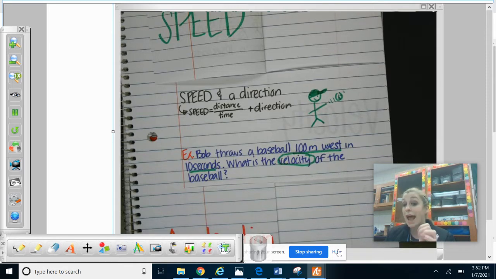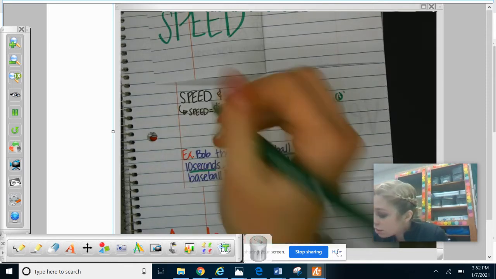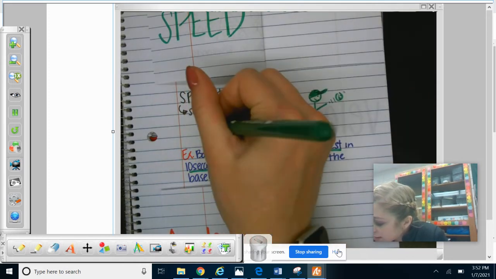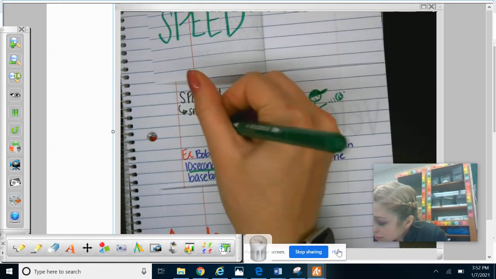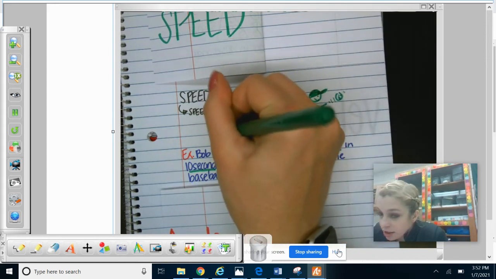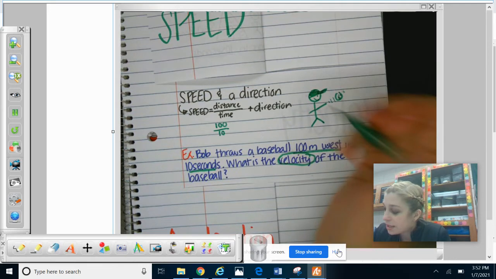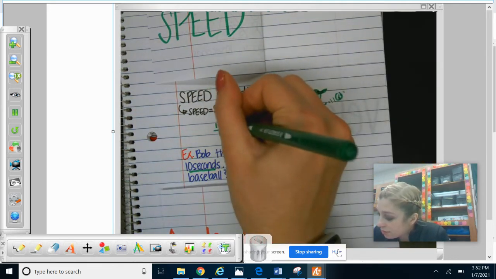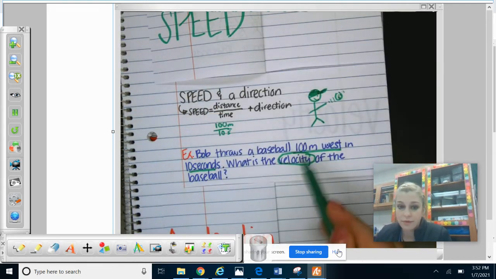You're not going to actually add the direction. It's just a speed and a direction. So speed is distance divided by time. So 100 meters divided by 10 seconds. I should have put this in a triangle, but I don't have enough space. I get that from the problem.